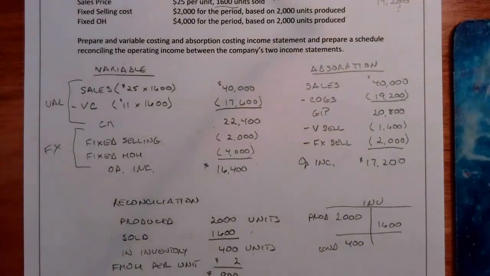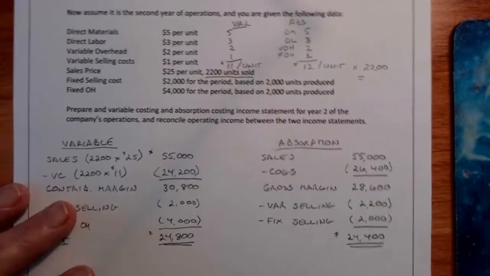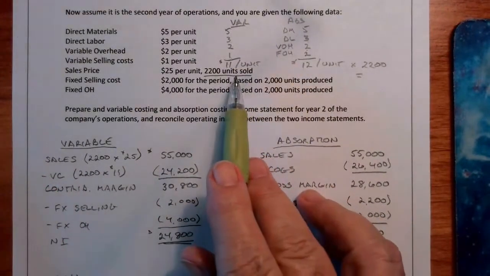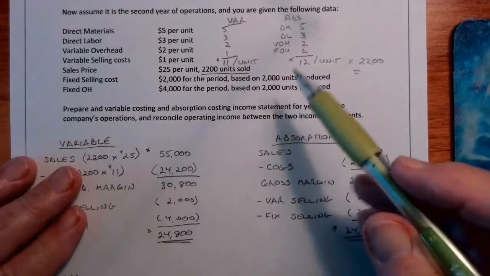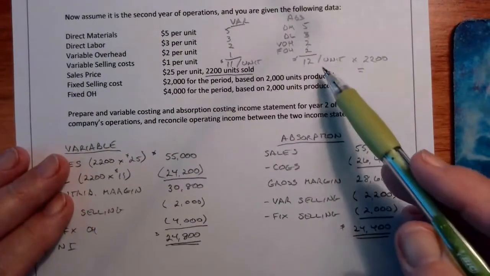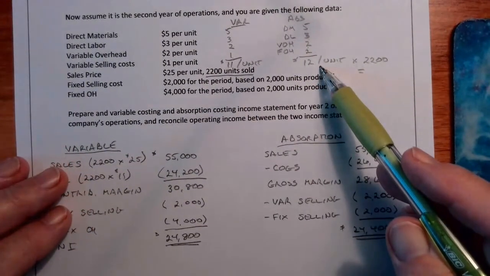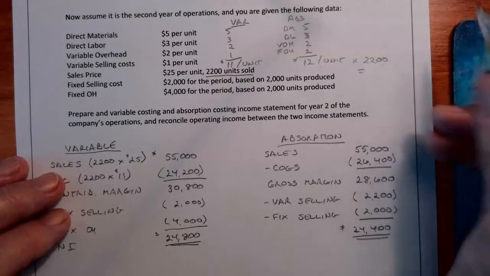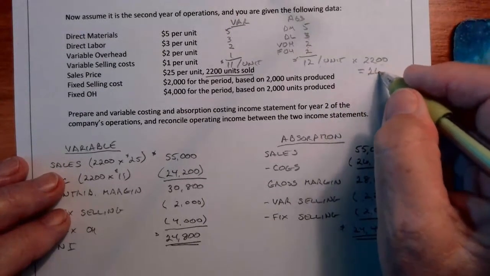So now we've got a second year, and in the second year, we've got all the same costs here. I did it again because that's the way I am. So we've got $11 per unit for variable costs, $12 per unit for absorption costing, times 2,200, which gives us cost of goods sold of $26,400.